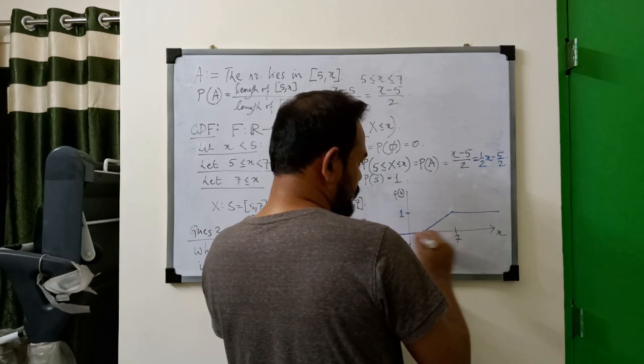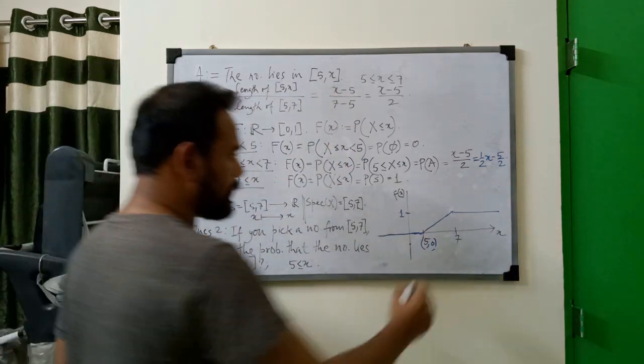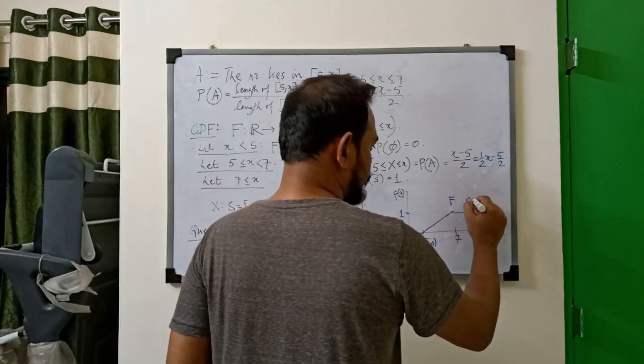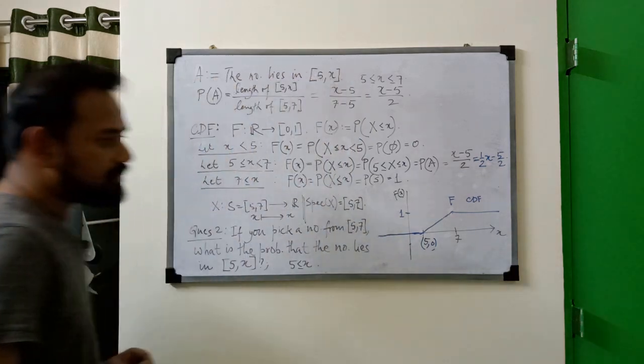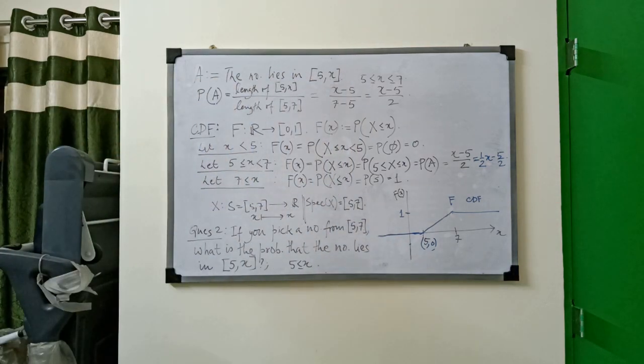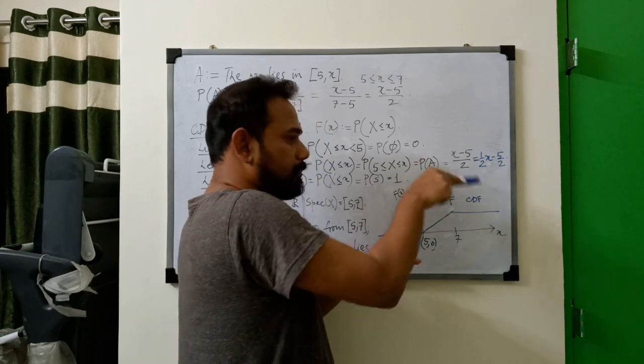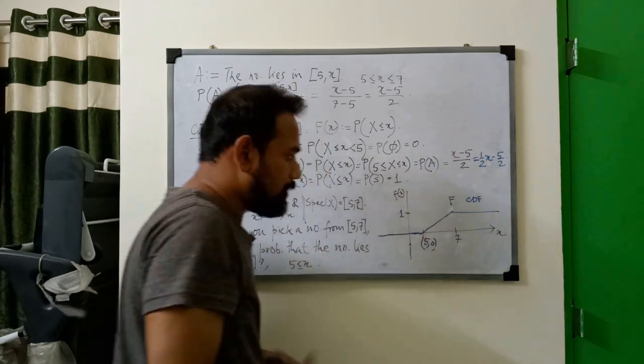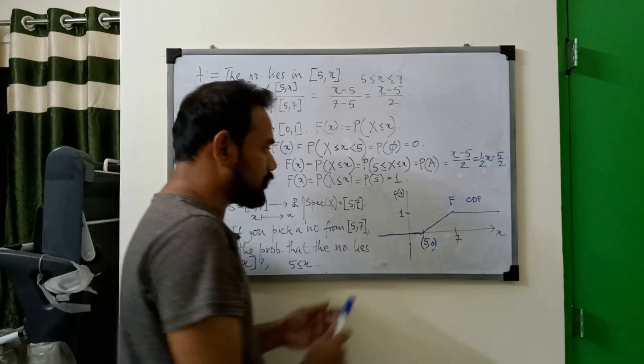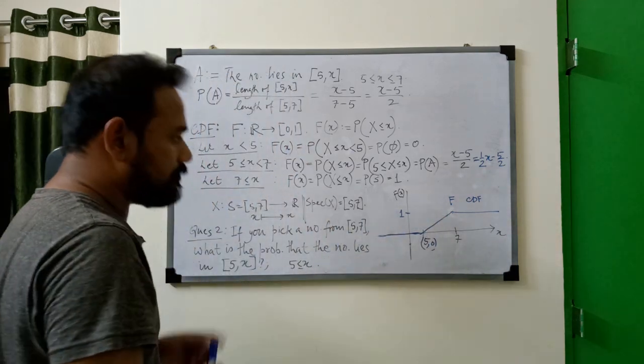So this is going to be the graph of capital F, which is the CDF. And you can see that this is a continuous function. There is no break. Before, there was a jump at every spectral point, but right now, in this CDF, there is no jump.